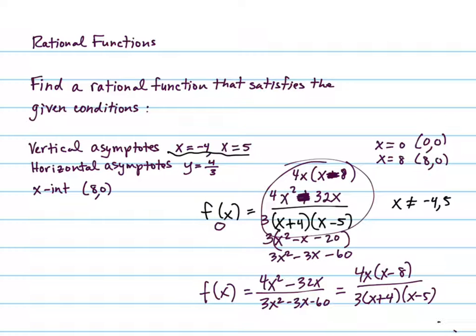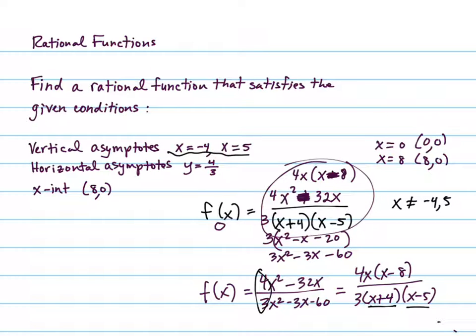Because notice -4 and 5 are restricted values, we have vertical asymptotes at -4 and 5. Notice these are both degree 2, and so we're balanced here, and so the horizontal asymptote would be the quotient of the two leading terms, or I should say the leading coefficients, so 4/3 or y equals 4/3.